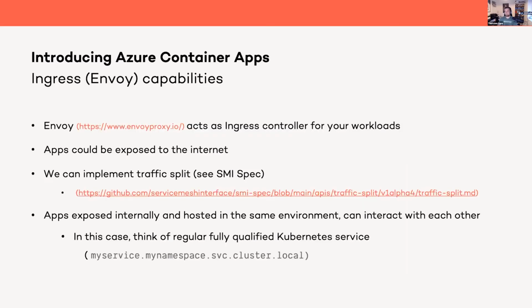All right, so let's quickly, for those of you who haven't worked with Kubernetes that much, cycle once again over the building blocks. So Envoy is acting as a transparent network proxy where all requests go through. And it also acts as a so-called ingress controller.